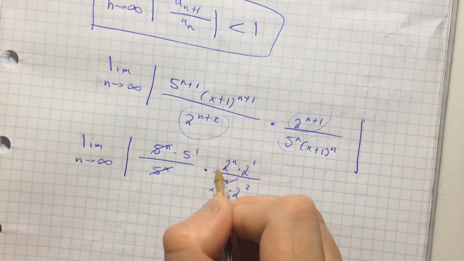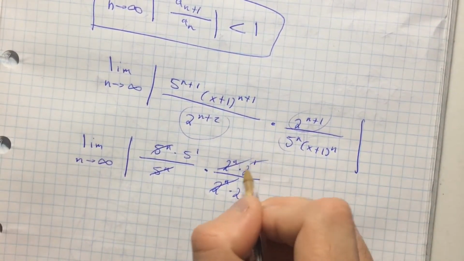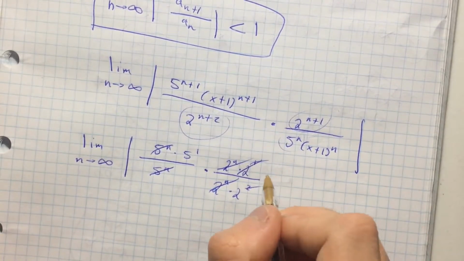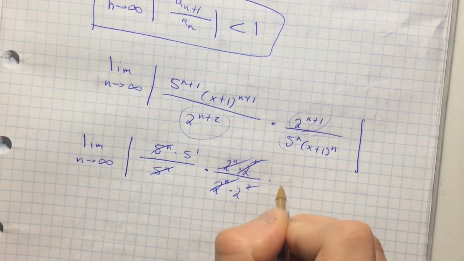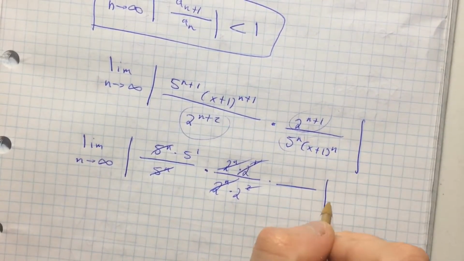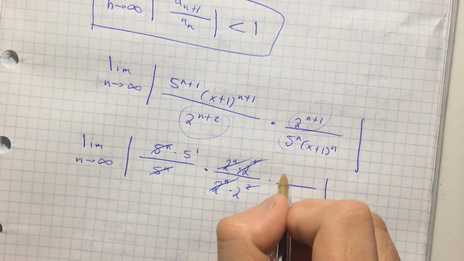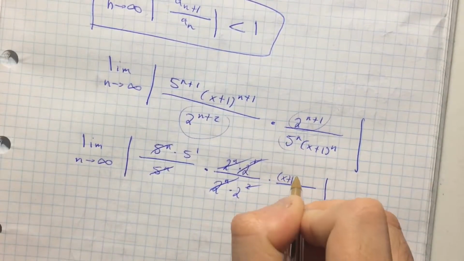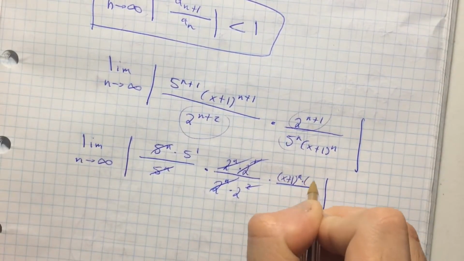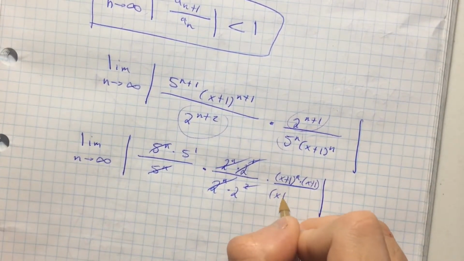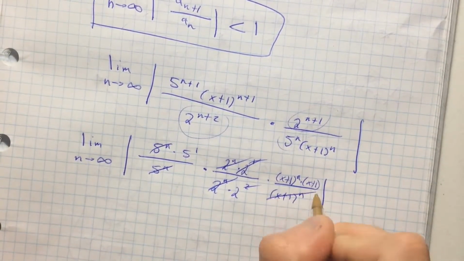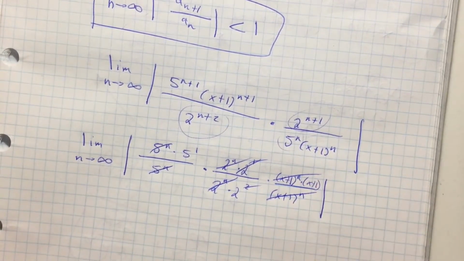So the 2 to the n's will cancel, and then this guy will cancel this guy, so I've got a half. So I've got 5 halves. And now the (x plus 1) to the n, and (x plus 1) to the n plus 1. This is the same as (x plus 1) to the n, multiplied by x plus 1. So these cancel, and I'm left with x plus 1.